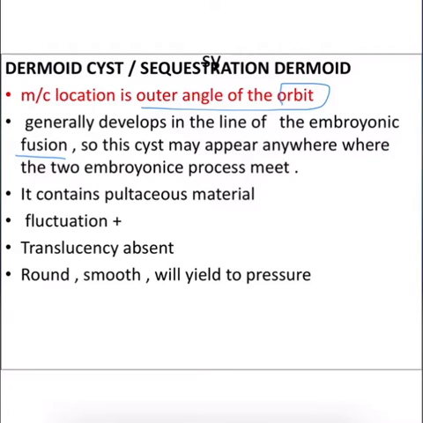It contains pultaceous material. Fluctuation is not too good, but you can sometimes feel it, and translucency is absent because it's not clear. It's toothpaste-like material, pultaceous, semi-solid, semi-liquid. It's round, smooth and will yield to pressure.